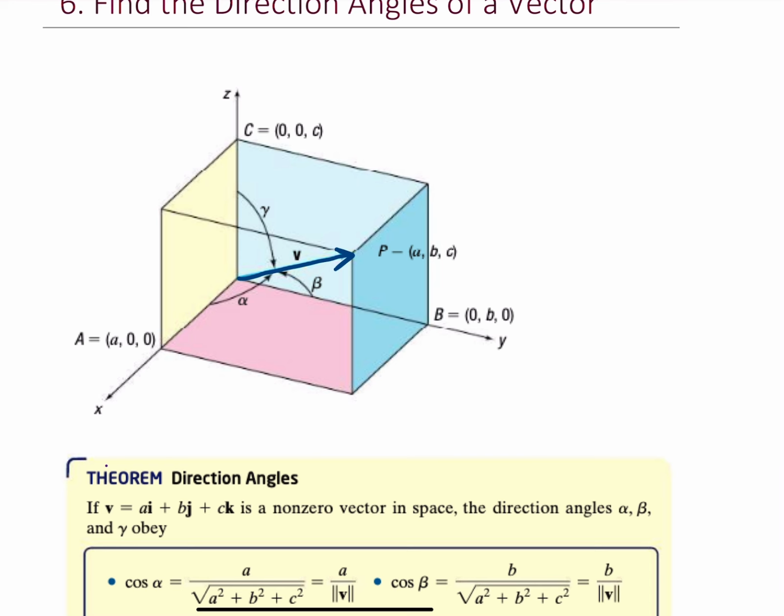We can describe some angle coming from the positive x-axis to our vector. We'll call that alpha. We have also an angle coming from our positive y-axis, which we can call beta, and then the angle coming from our positive z-axis, which we'll call gamma. So we have these three angles that describe the direction of our vector.